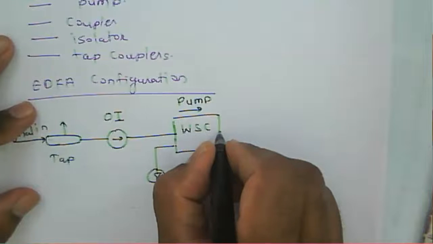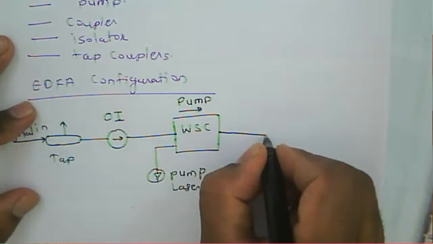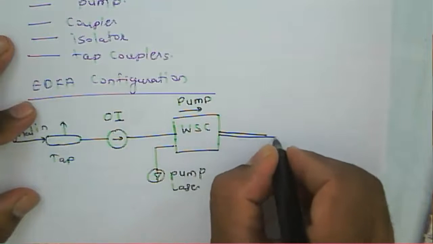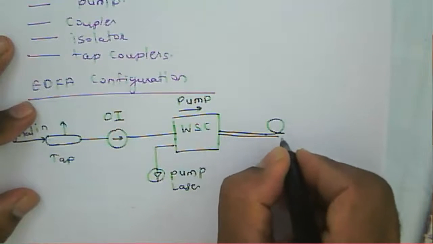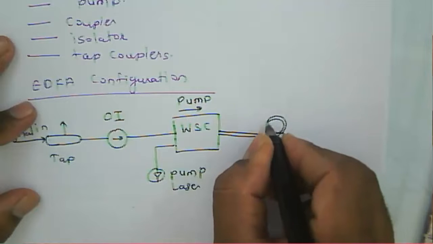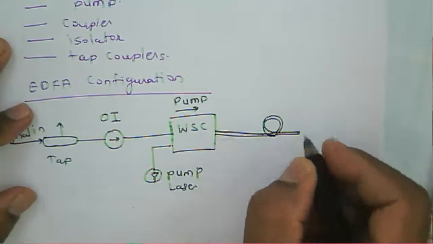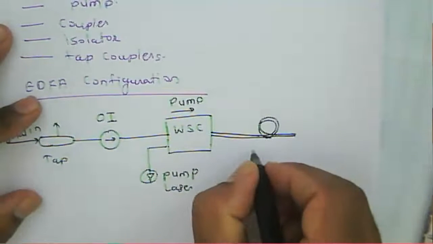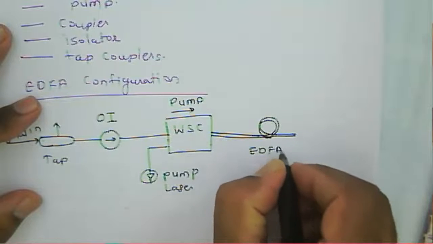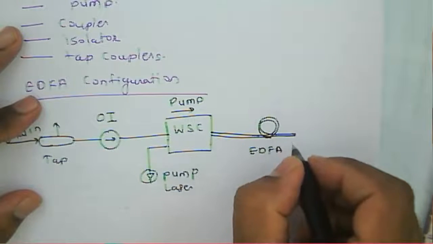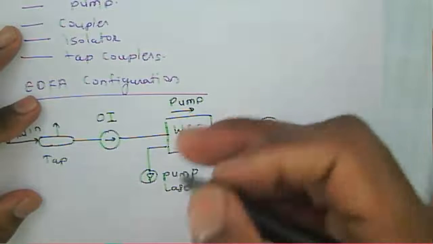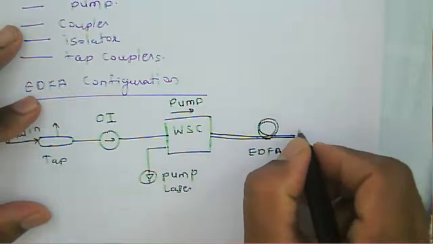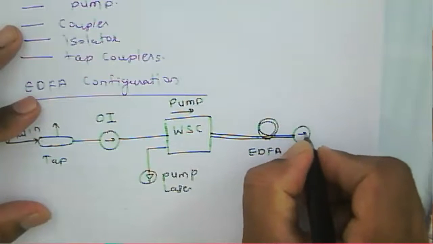Then this is your erbium doped optical amplifier, that is the EDFA. This is just the erbium doped fiber amplifier. Okay, that is the fiber amplifier here. Then an optical isolator.